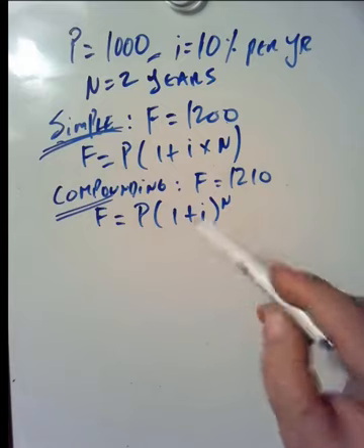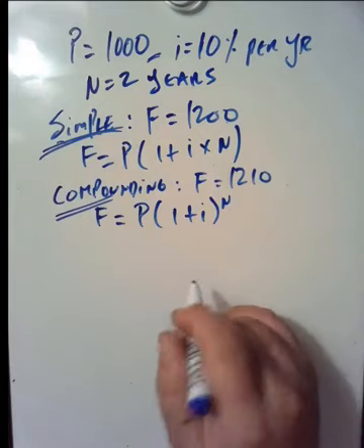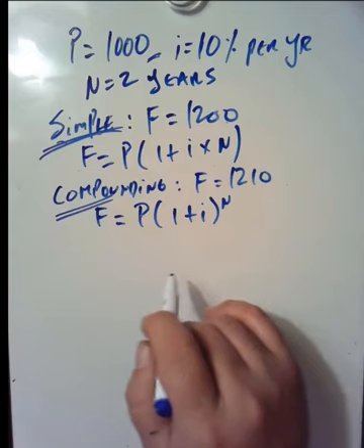So what's going on in the compounding method is that you earn interest on the amount of money that is there at the beginning of every period.